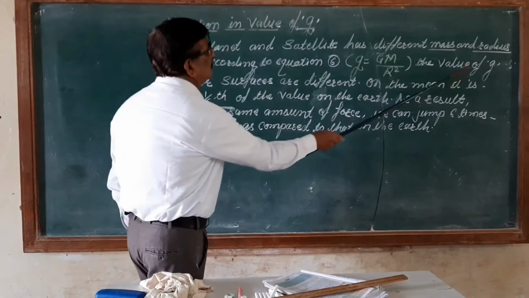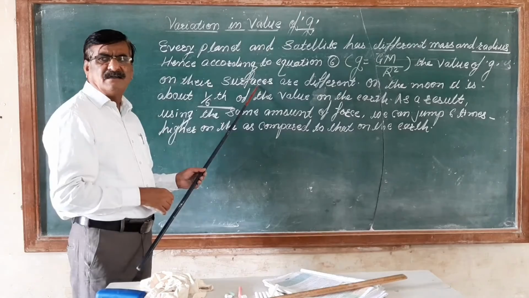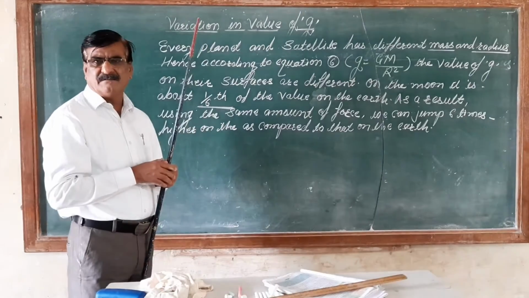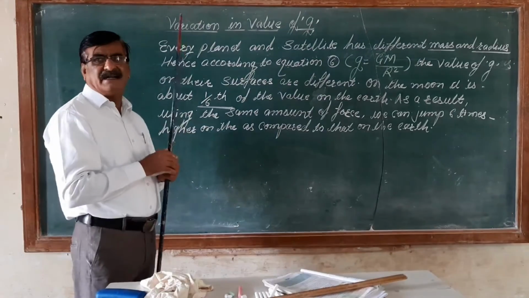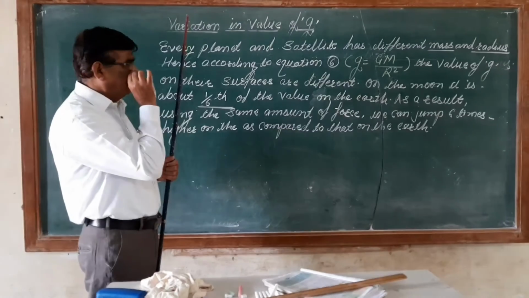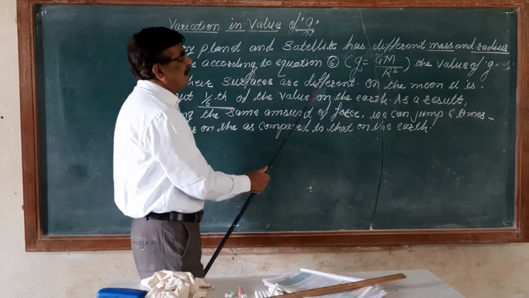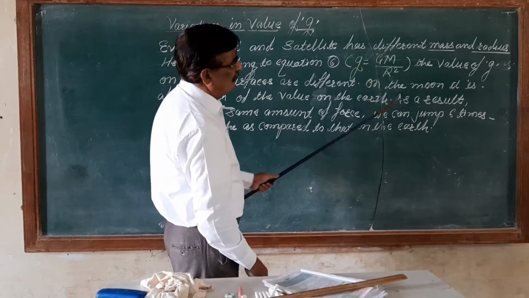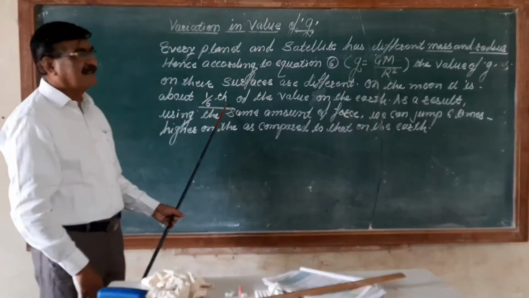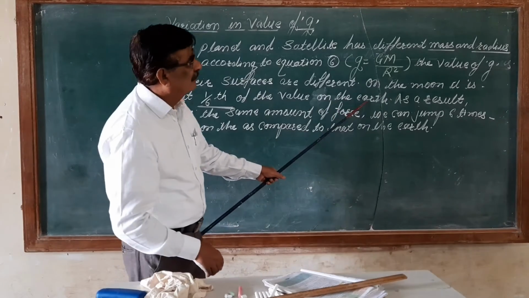The value of g on the surfaces of any planet, any heavenly body, any satellite, that means any moon of that planet, is different on all their surfaces. On the moon, it is about 1/6 of the value on the earth.